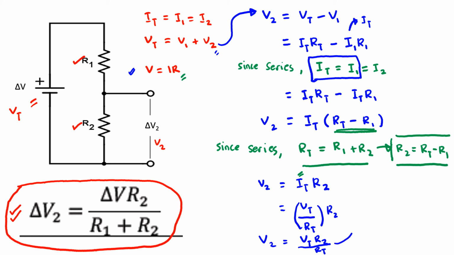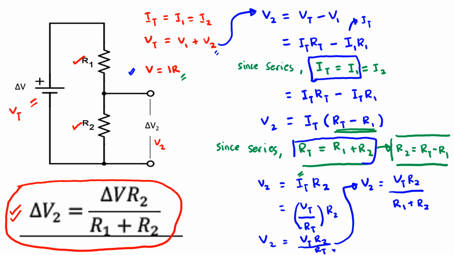I could then expand this further. V2 is equal to VT R2 divided by RT, and RT is just equal to R1 plus R2.